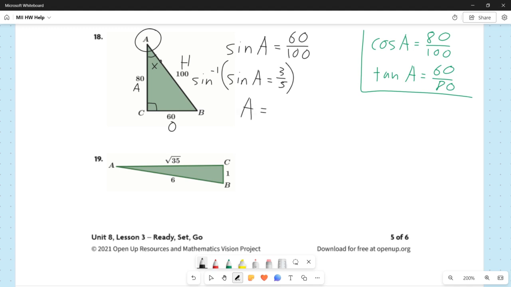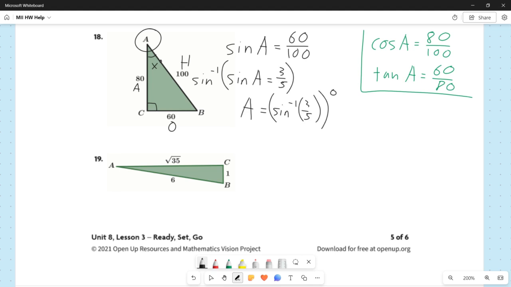That's what I want. But whatever I do to the left, I have to do to the right. So I'm also taking the sine inverse of 3/5. So the measure of angle A is the sine inverse of 3/5. And this actually is our exact answer here.